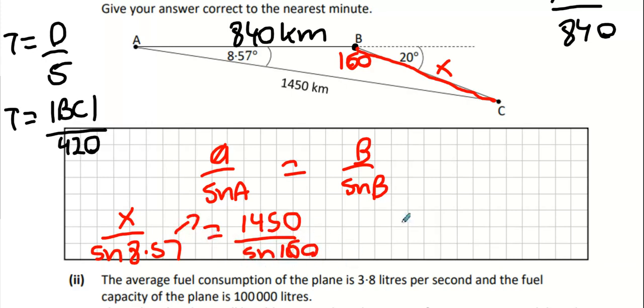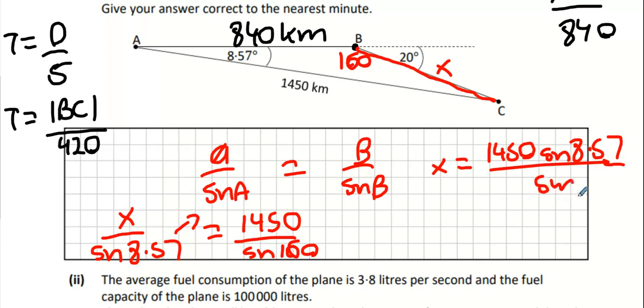Now I'm going to cross multiply this, and I'm going to get 1450 sine 8.57, all divided by sine 160. Once I regain control of my mouse, which I just did.